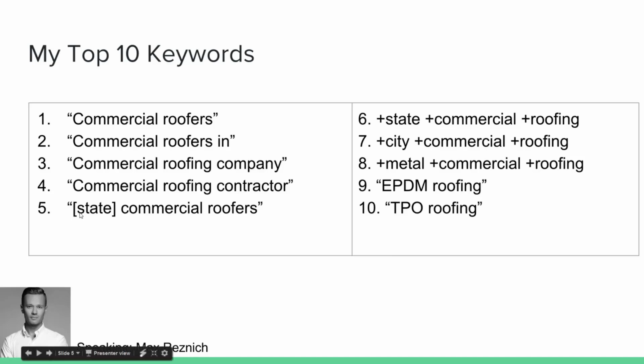And then coming down here to the fifth one, state, I basically just want you to replace your state in here. So if you're in Ohio, go ahead and put Ohio commercial roofers, New Jersey commercial roofers. Same thing here.